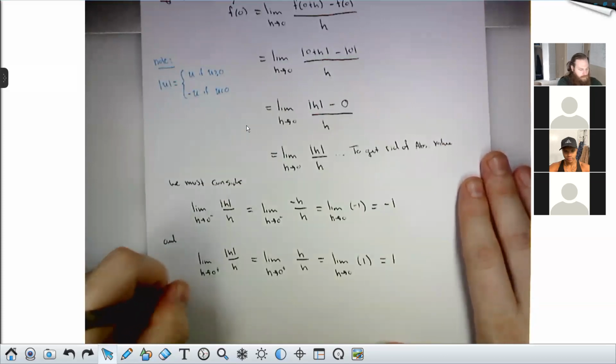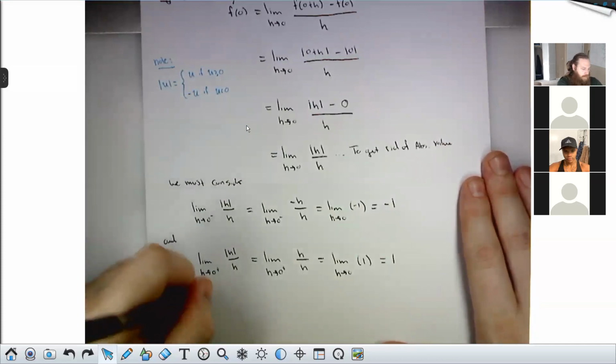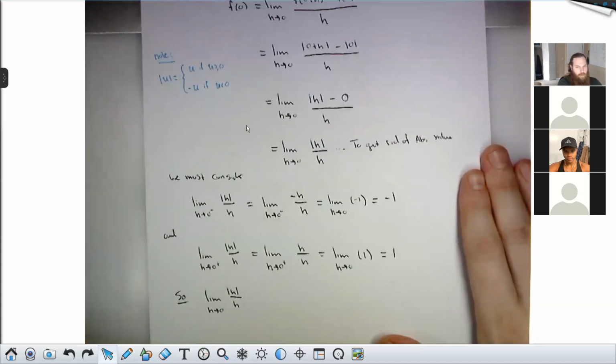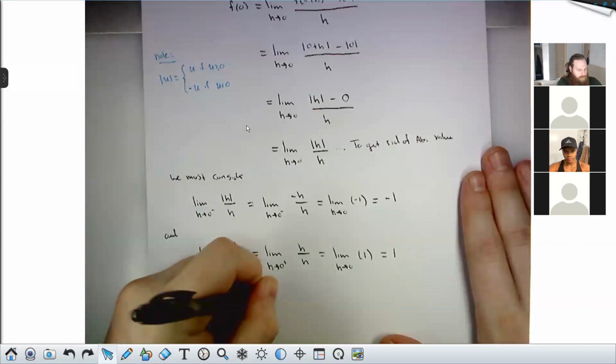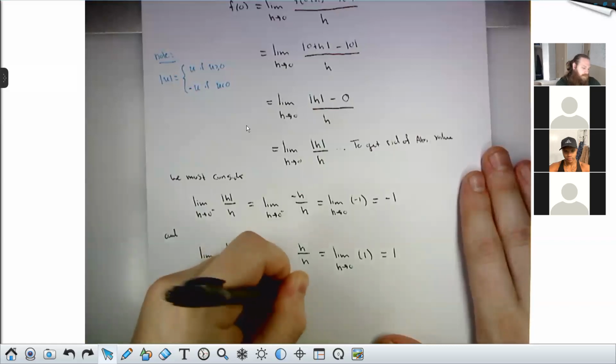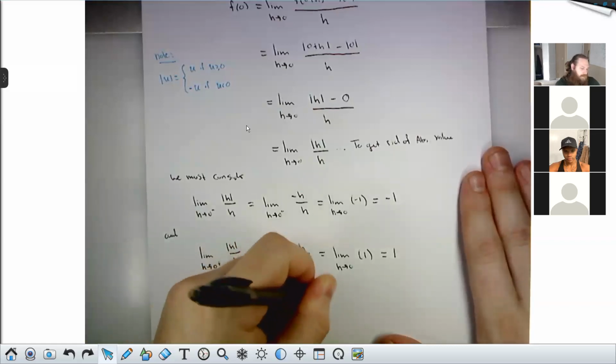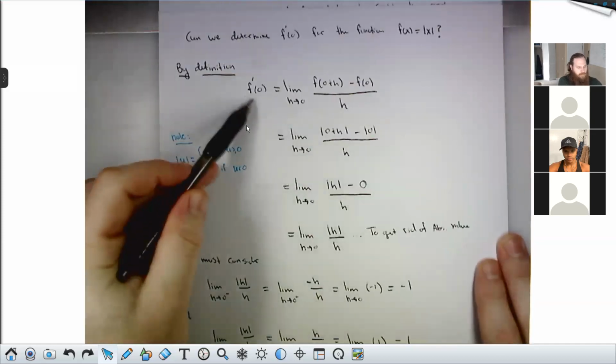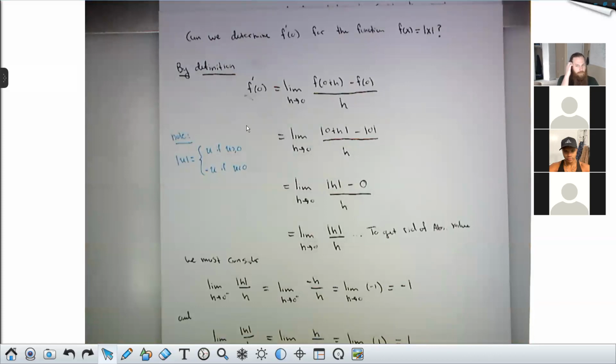So the limit as h goes to 0 of abs h over h, the overall big limit, does not exist. And that limit was, by definition, f prime of 0.